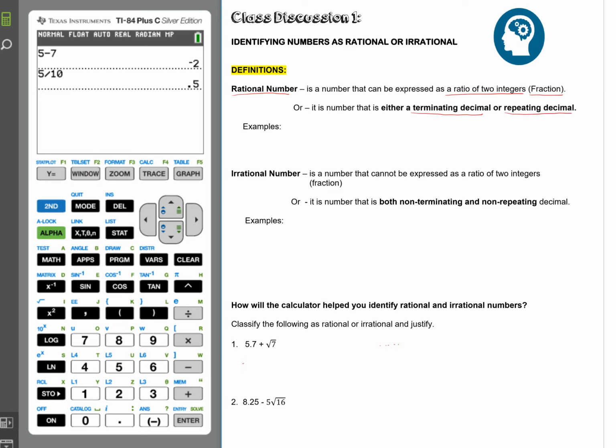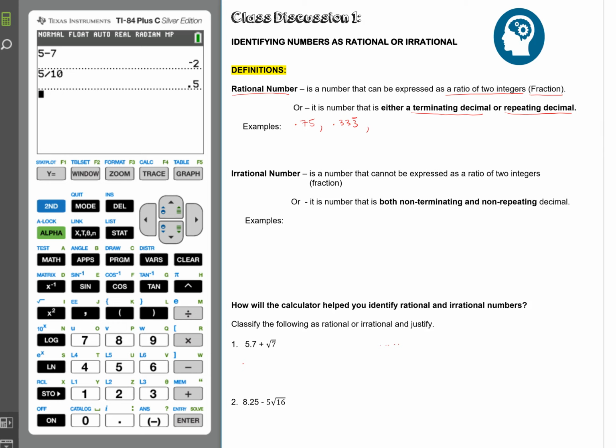So for examples, using the second definition, 0.75 is an example of a terminating decimal. An example of a repeating decimal would be 0.333, where 3 is repeated. In terms of the first definition, I can write a ratio of two integers, or a fraction.